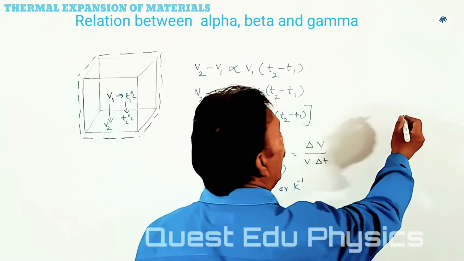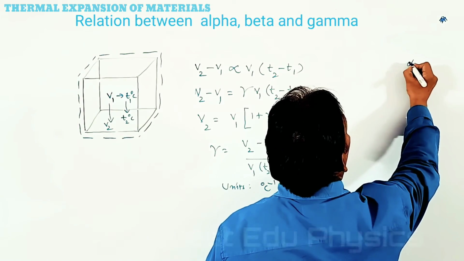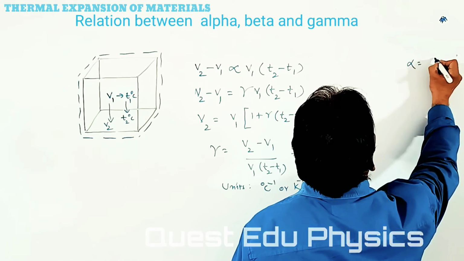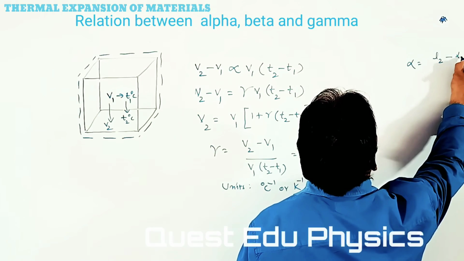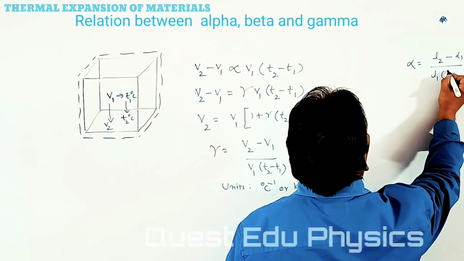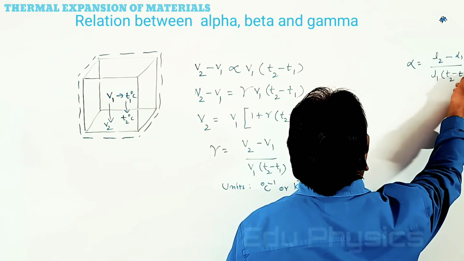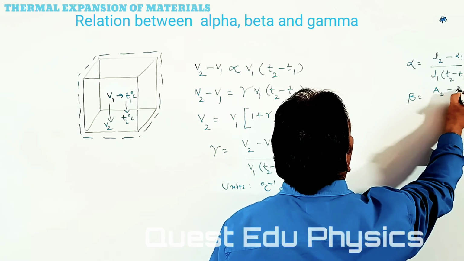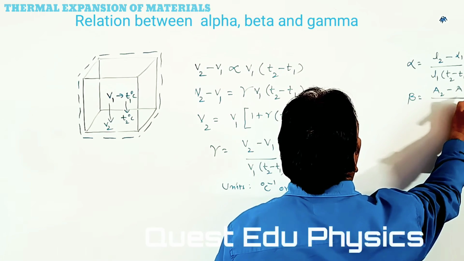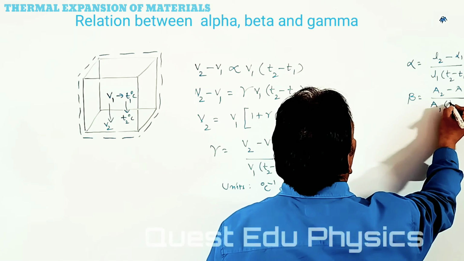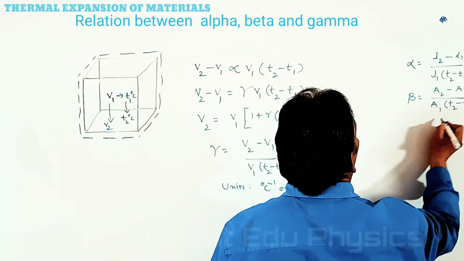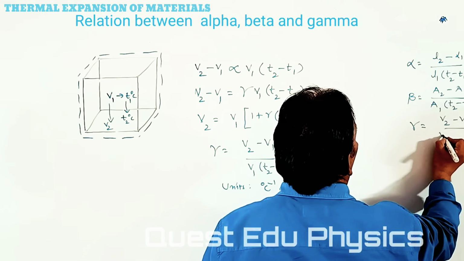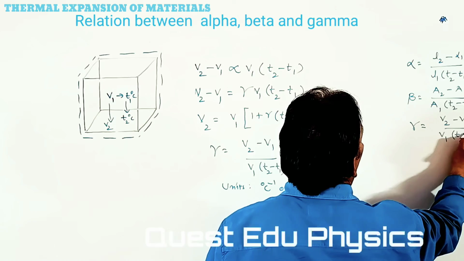We are noting them as alpha is equal to L2 minus L1 by L1 of T2 minus T1, and beta is equal to A2 minus A1 by A1 of T2 minus T1, and gamma is equal to V2 minus V1 by V1 into T2 minus T1.